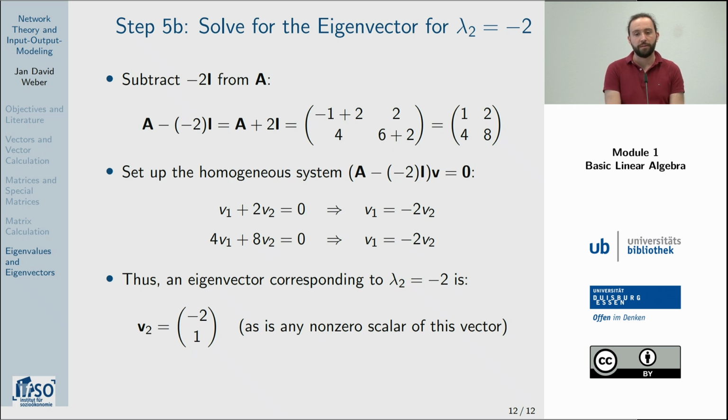The matrix that we have in the first row is 1, 2, and then 4, and 8. So the homogeneous system that we set up looks a little bit different, but v1 is -2 v2 for both rows, and we therefore get an eigenvector corresponding to the eigenvalue lambda 2 of -2, and the vector is (-2, 1). And again here, every non-zero scalar multiple of this vector is an eigenvector for the original matrix.